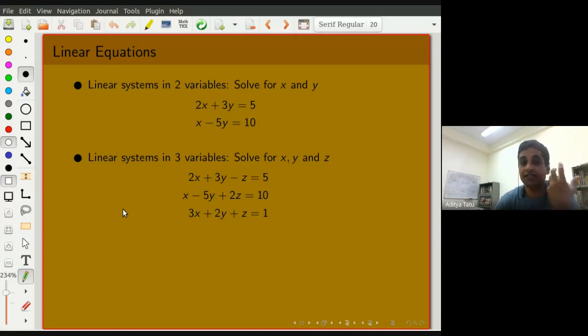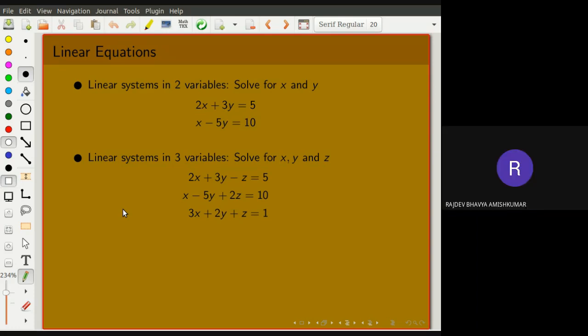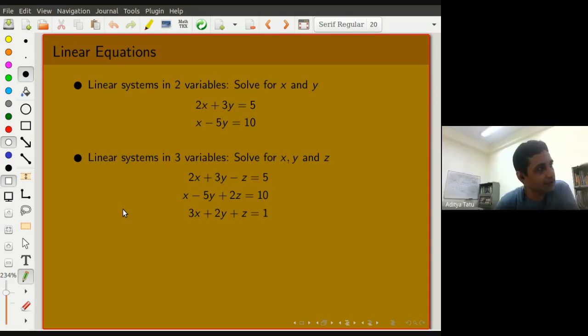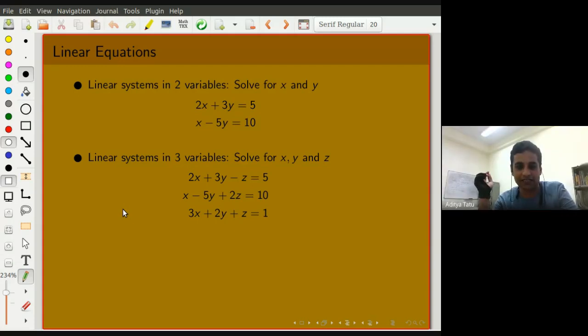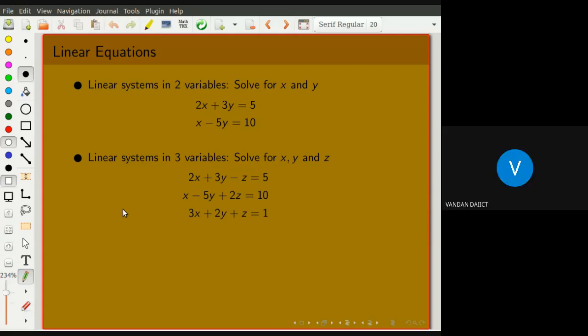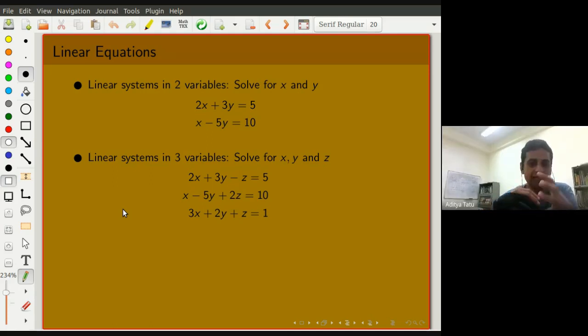There are several issues, at least three that I can remember. One is, how do you handle millions of variables? Neural networks? Sorry? No, that's not the answer. Matrices, yes, that's right.